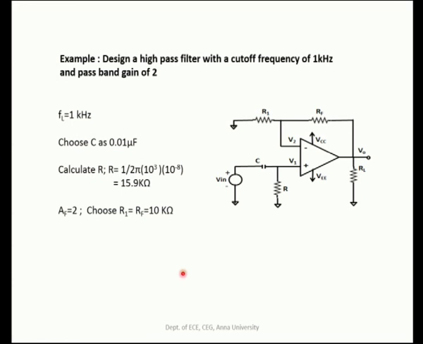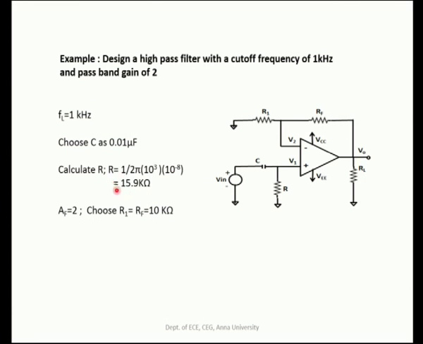The example is to design a high pass filter with a cutoff frequency of 1 kilohertz and a pass band gain of 2. So FL is 1 kilohertz. We choose the capacitance as 0.01 microfarad, and calculate R from the cutoff frequency expression, 1 by 2 pi times F, which is 1 kilohertz, times the capacitance, 10 power minus 8.